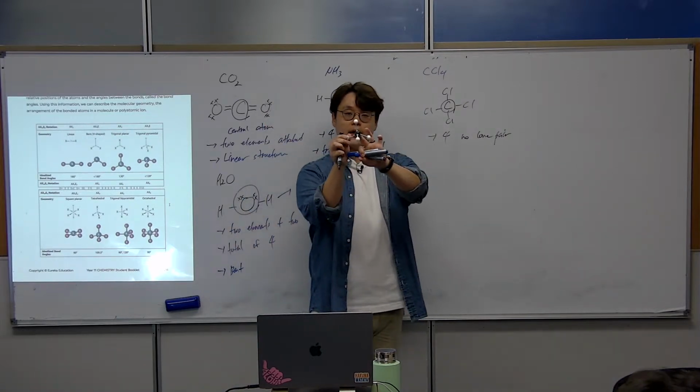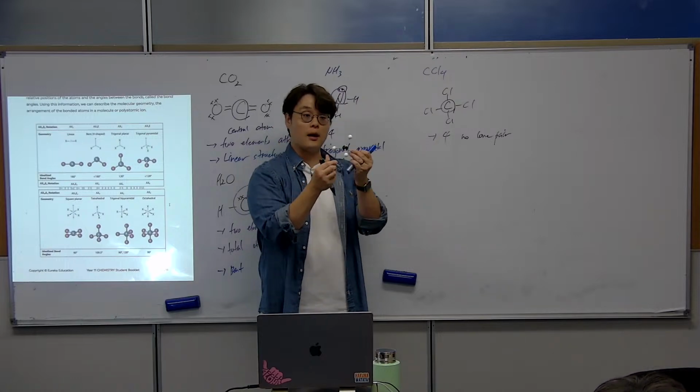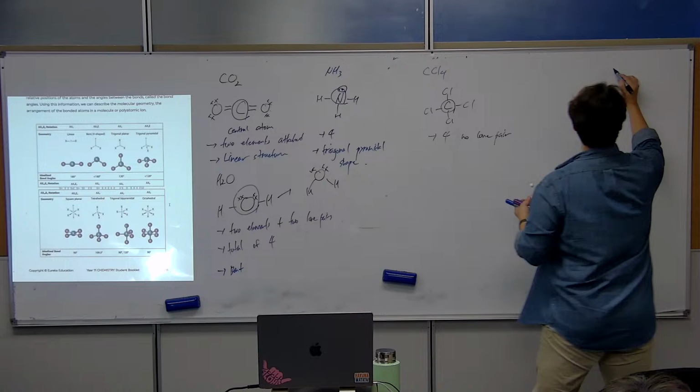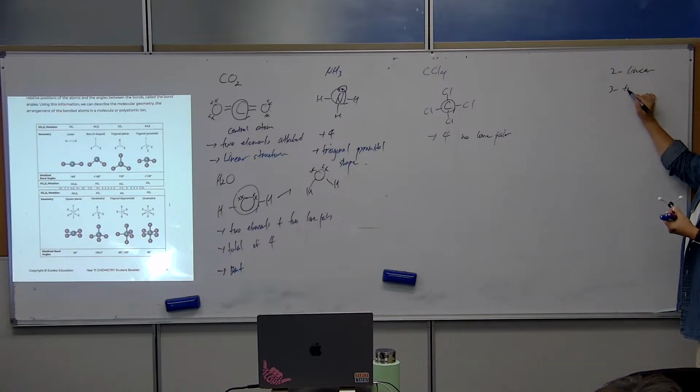The central atom is connected to the 4 without any lone pair. What's the fundamental shape of the 4? Again, right here, 2 is linear, 3 is trigonal planar, 4 is tetrahedral.